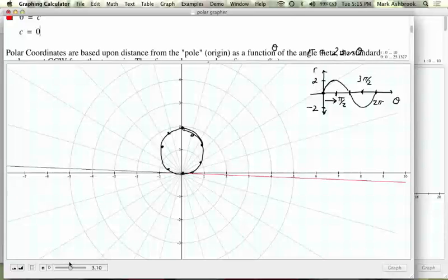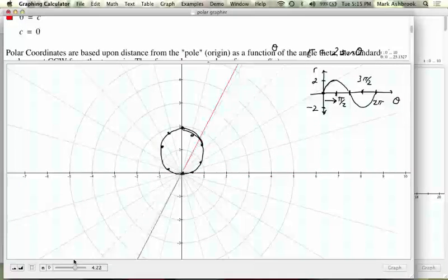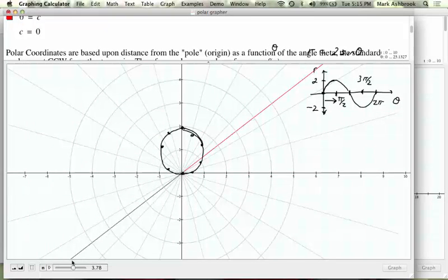Where is that? First quadrant. So the actual angle is the black, but we're going to be graphing on the red because these are negative r values. And actually it's just going to repeat what we already did in the first quadrant, because r is going to go from 0 out to negative 2. Did you follow?